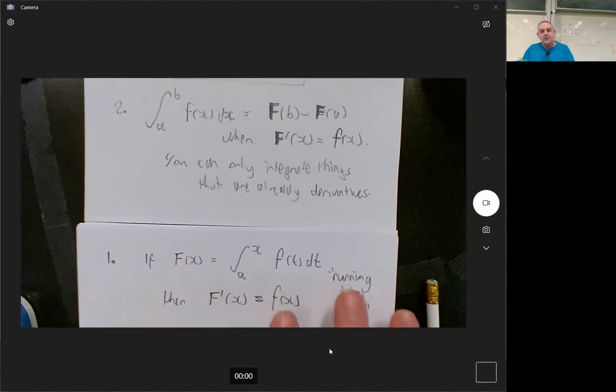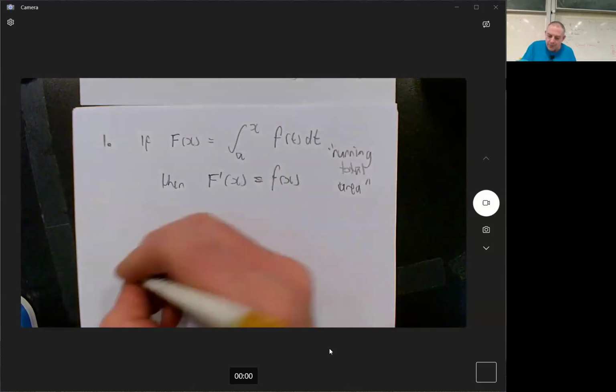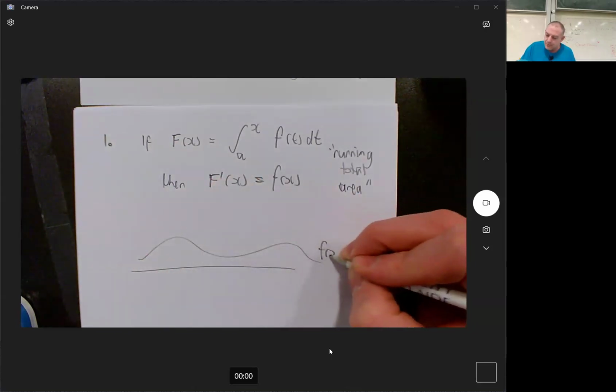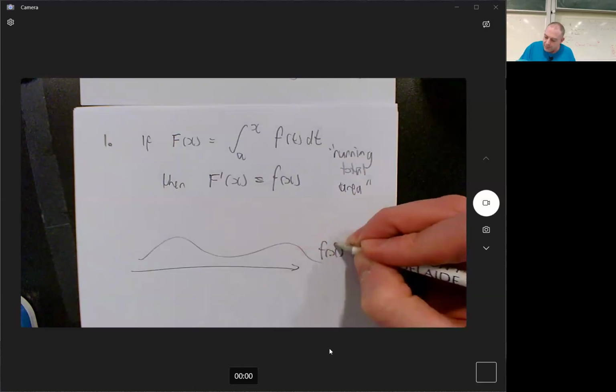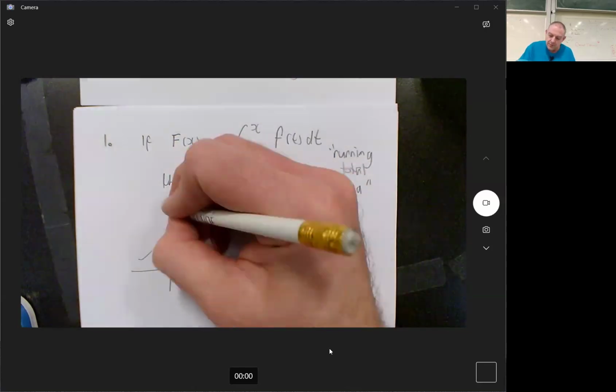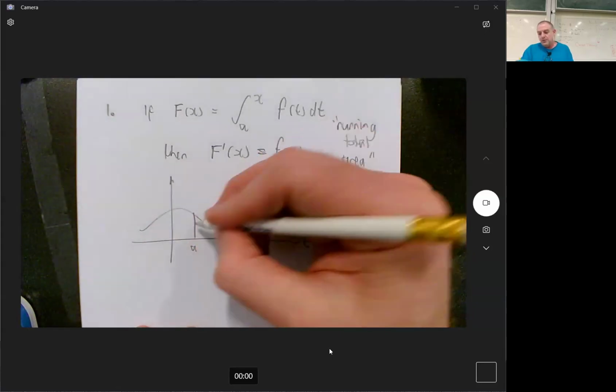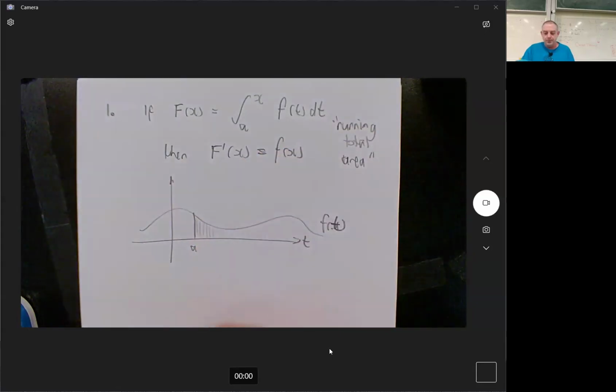So, one last point. If you do have some wicked, weird function like that, that's my little f of x, and this is the t-axis. You start at a particular spot here, and you start adding up the area as you go.